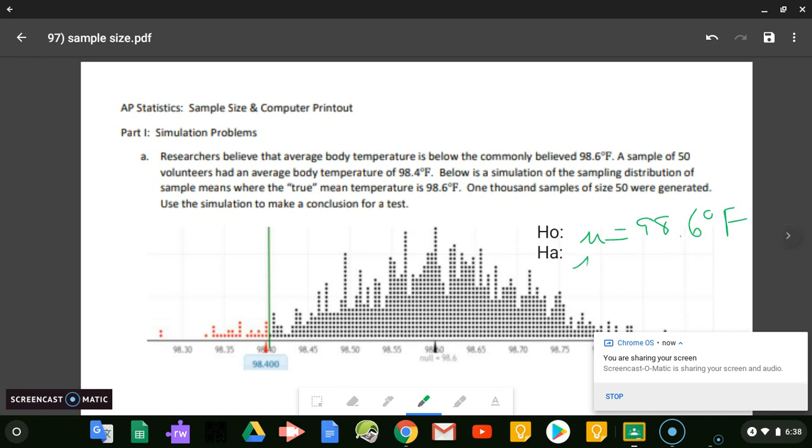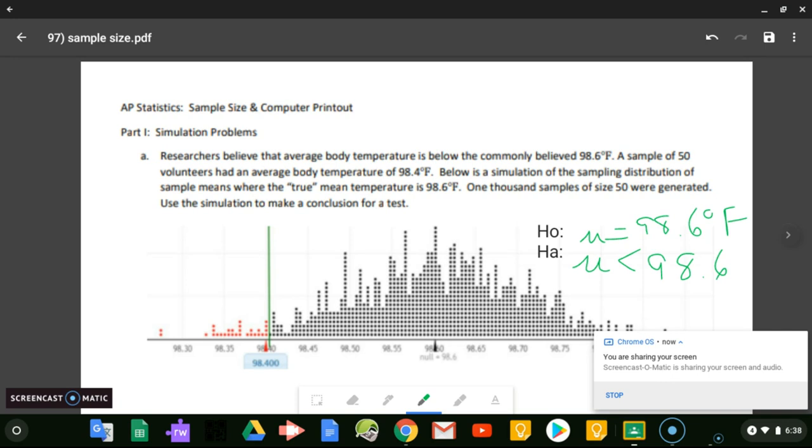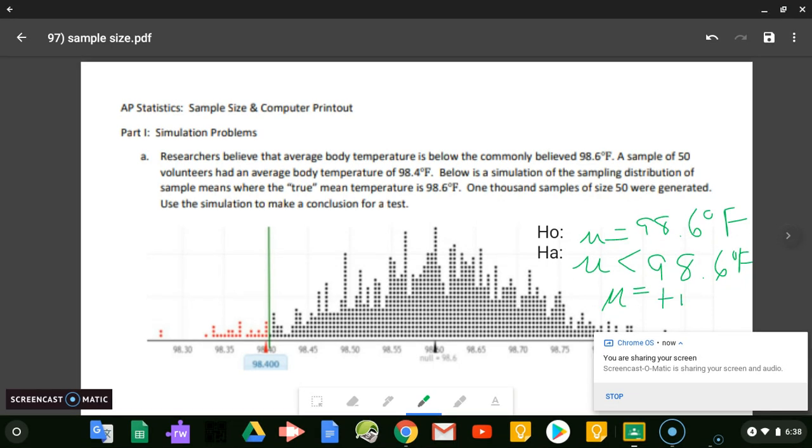Our alternative, this group of researchers think it's actually below. And then remember, we would define our parameter here. Our parameter is the true mean body temperature.